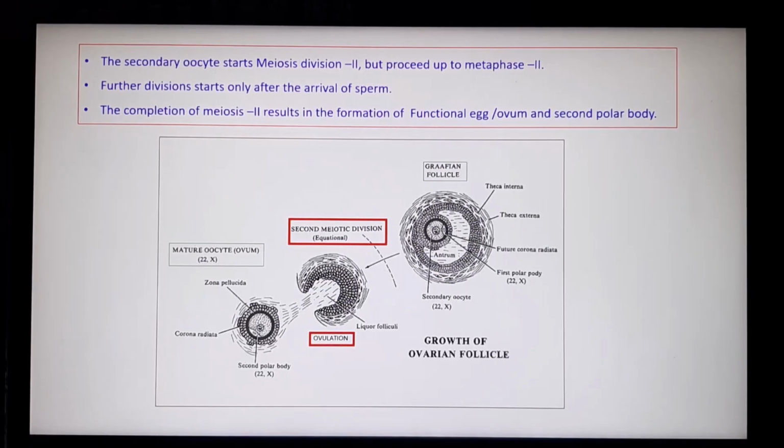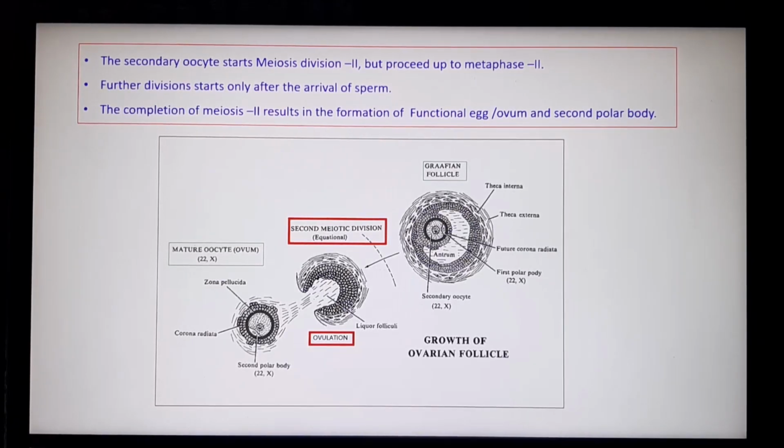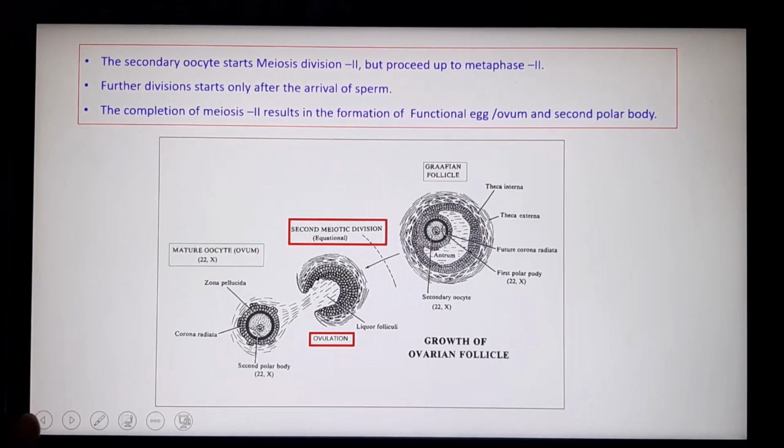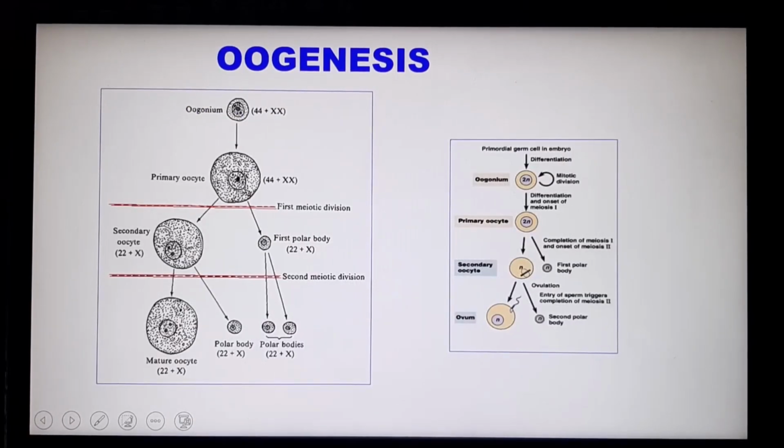The second polar body also divides meiotically, and as a result we can see that 3 polar bodies and a mature ovum are formed at the end.